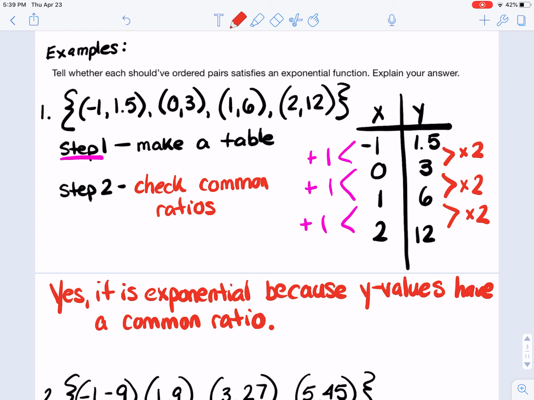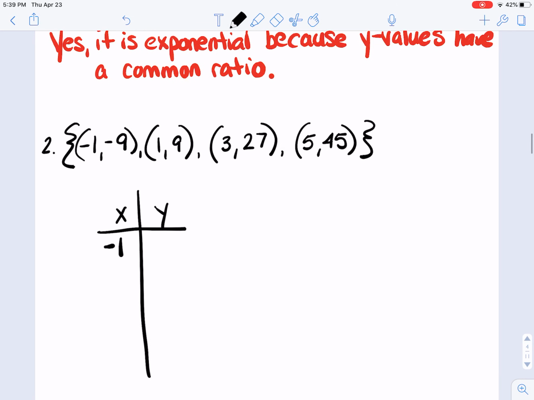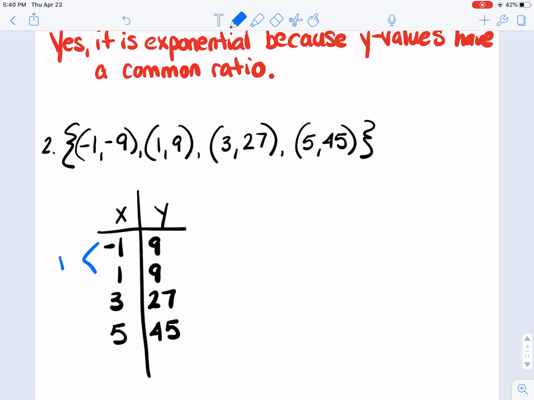All right, next example. First step, I need to make a table. So I'm going to fill in my points. Now, checking over here on the left-hand side with my x values, this one is just their difference.